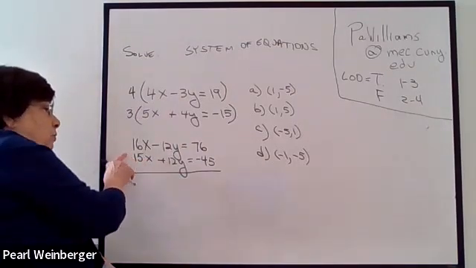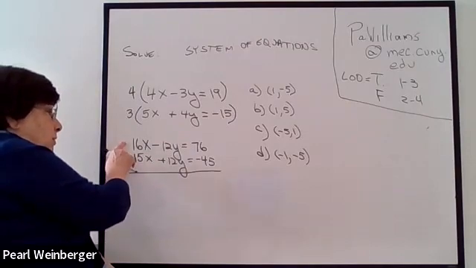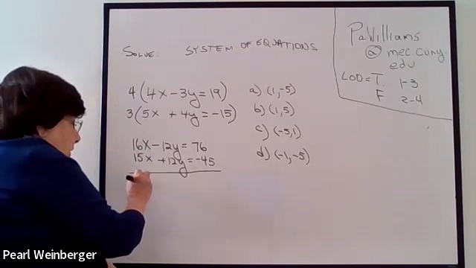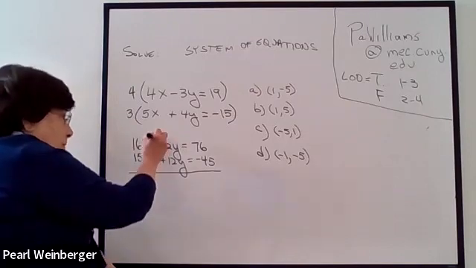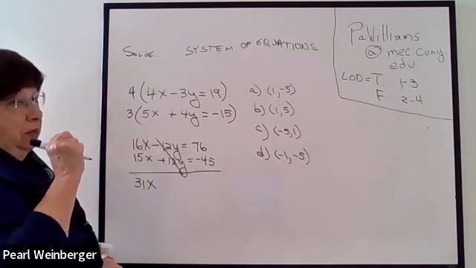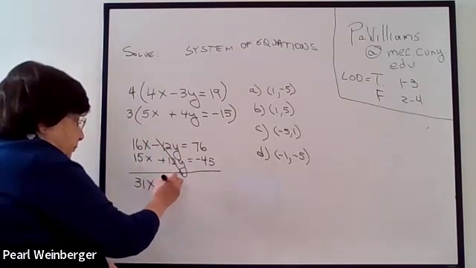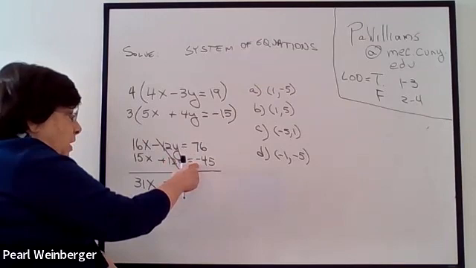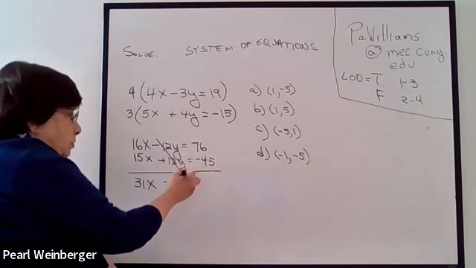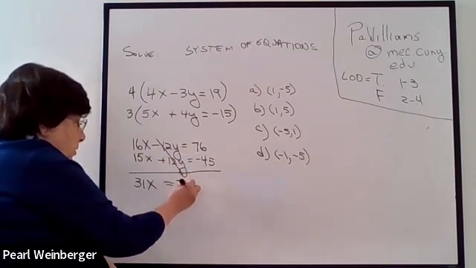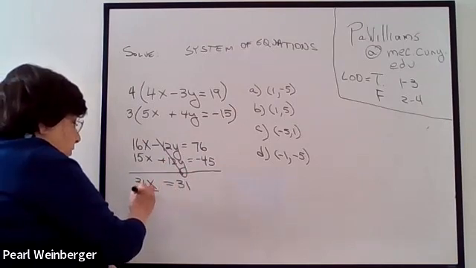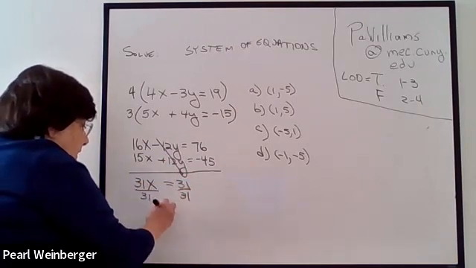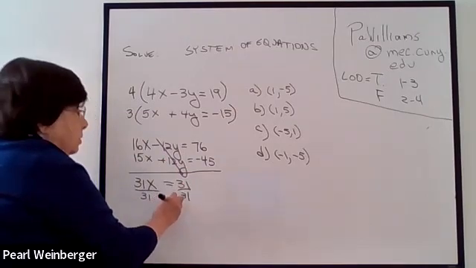So when we add these two equations down, we're going to get 16x plus 15x, which is 31x. The y's, of course, have been eliminated. They've crossed out. And then we do 76 minus 45, which gives us also 31. And when I divide by 31 on both sides, I get x equals 1.